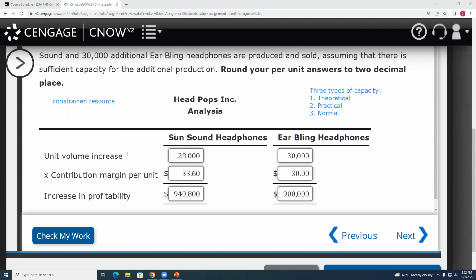And so the answer to my question about if we couldn't produce all the Sun Sound and all the Earbling headphones that we think we could sell, and the assumption is we can sell them at the going price of $140 and $128 or whatever they were, the way we would decide which one to produce would be by looking at what is the resource that's holding us back, that's constraining us from producing all we can sell, whether it's manpower or equipment time, or maybe it's a raw material that we just can't source enough of.